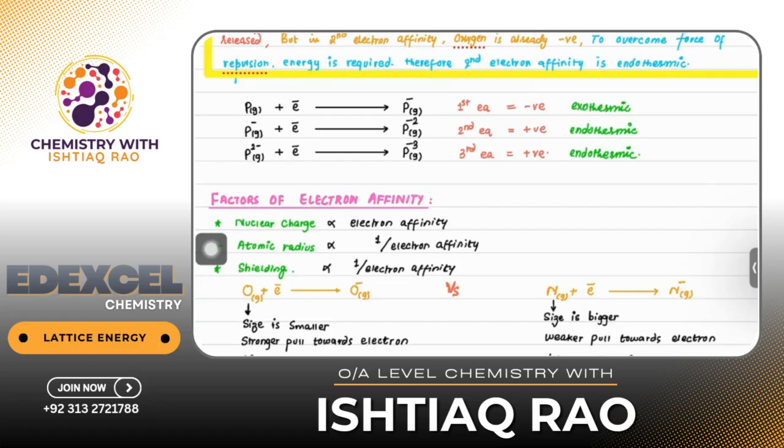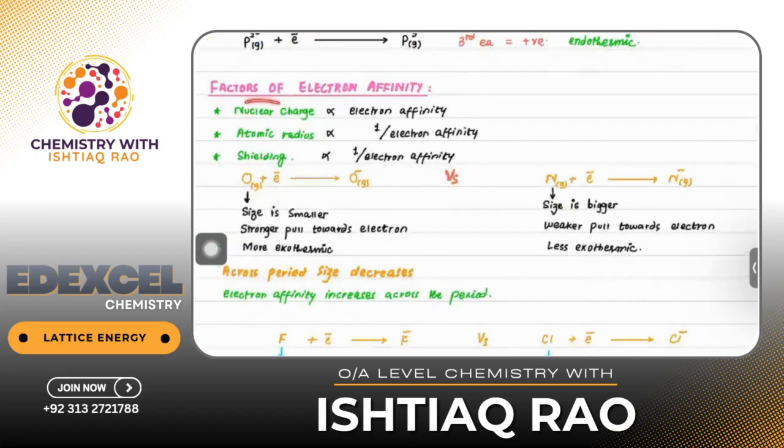When the shielding effect is higher, due to the repulsion between electrons, the atomic radius of that particular element would be higher. When the radius is larger, it cannot gain an electron more easily, of course. So electron affinity would be lower. So it's all about these three factors.